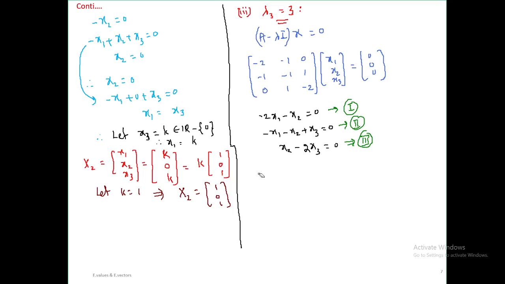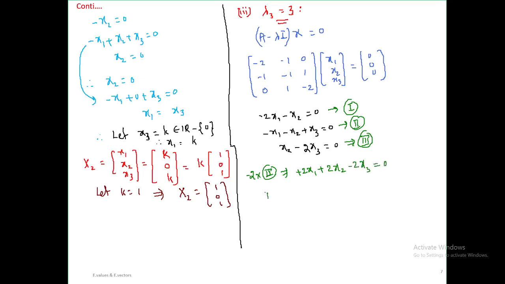So we get minus 2 into this, plus 2 into x1 plus 2 into x2, next minus 2 into x3 equal to 0.